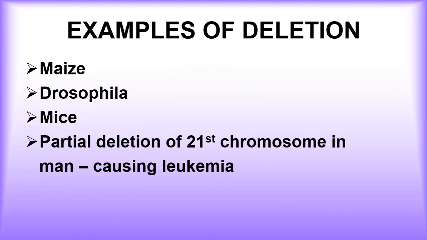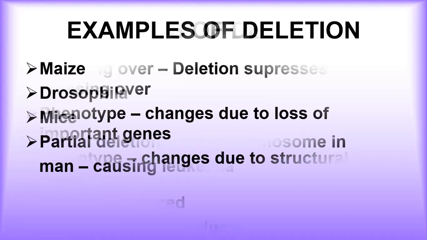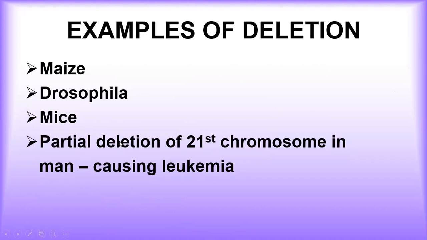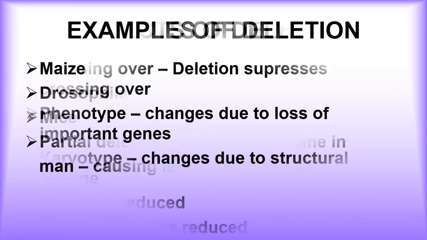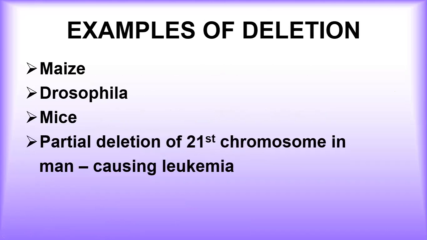And one more example in human beings is partial terminal deletion of the 21st chromosome, which causes a disease called leukemia or blood cancer. This type of chromosome with partial deletion was discovered in Philadelphia city of USA.